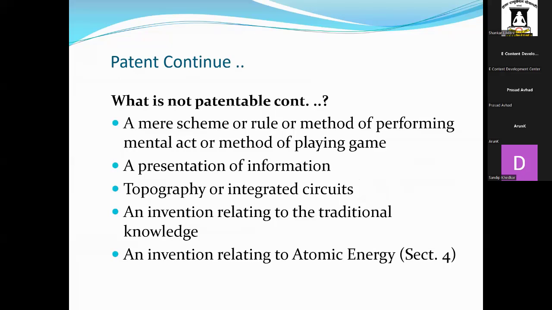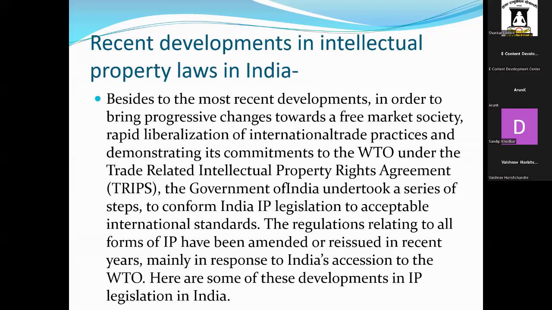Now, the recent developments in intellectual property rights in India, in the context of progressively rapid liberalization of international trade practices and demonstrating commitments to the WTO, the World Trade Organization.